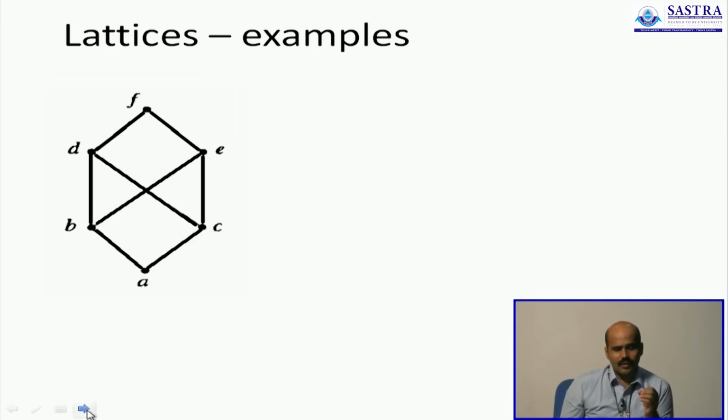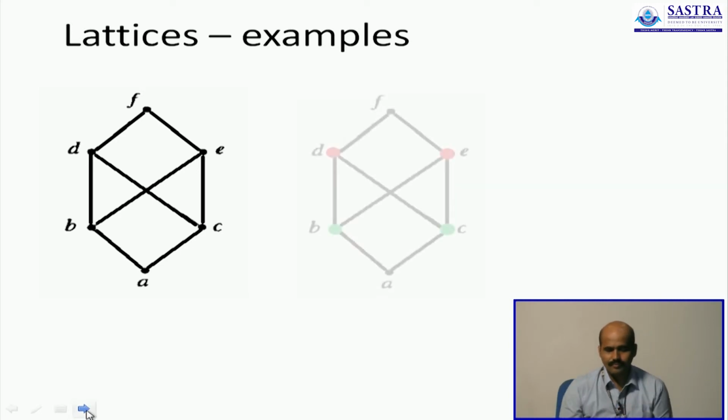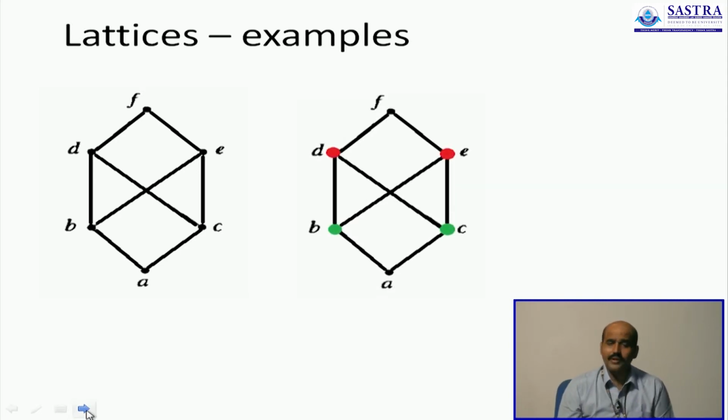Moving further, what happens if you consider a different lattice, one like this? We have trouble here. That is why I have highlighted this using different colors. As a matter of fact, you will see that this poset will not form a lattice. Why?